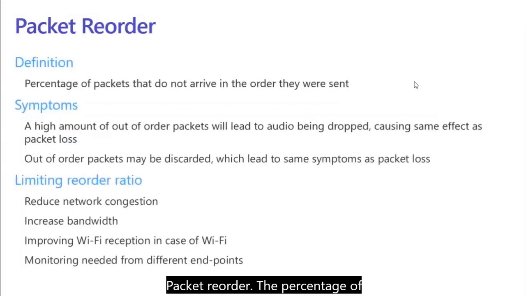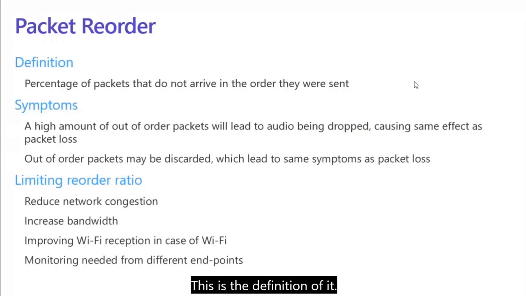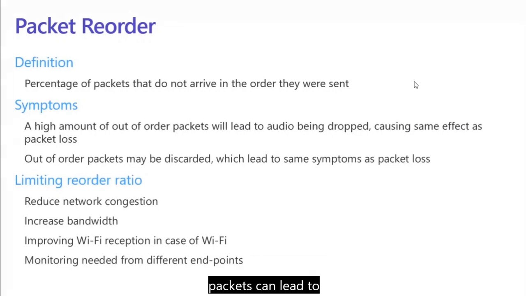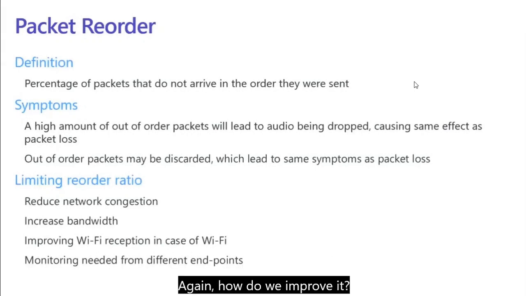Packet reorder. The percentage of packets that do not arrive in the order they were sent. This is the definition of it. The symptoms are that a high amount of out-of-order packets can lead to the same kind of issues that we had with packet loss. Again, how do we improve it?